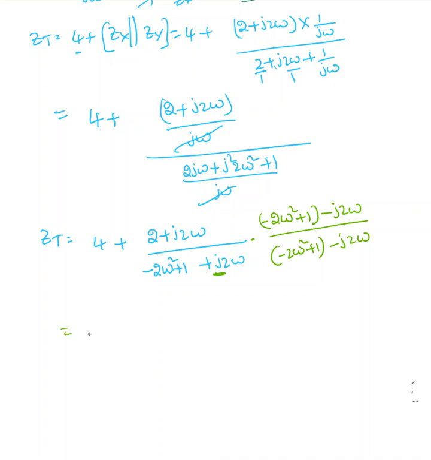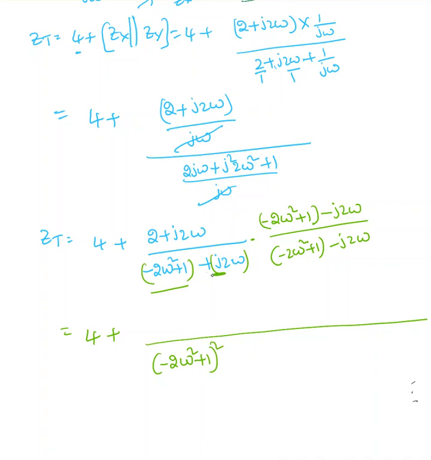Okay, so this is going to be 4 plus, in the denominator this is a plus b times a minus b, so we'll end up with minus 2 omega square plus 1 whole square.